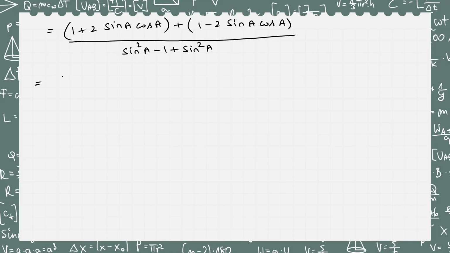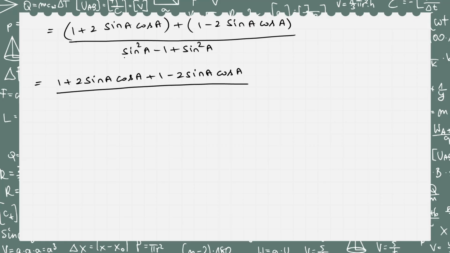So that will be minus 1 plus sin square A. We can remove the brackets actually. So 1 plus 2 sin A cos A plus 1 minus 2 sin A cos A divided by these two, which we can add together, which is 2 sin square A minus 1, right?